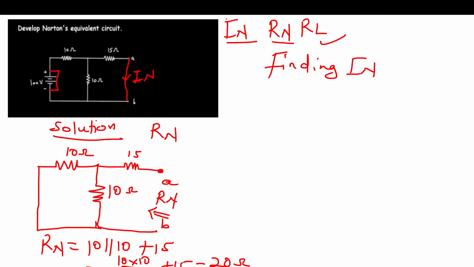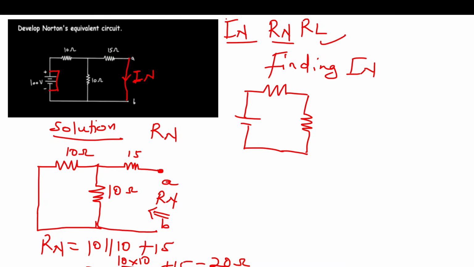In this case, they didn't put any load resistor there, but they've given us open terminals to be used. So I'm going to put my IN there, and then I'm going to solve for IN. Okay, so let's draw the circuit again. This is how it's going to look like. Now in finding IN, we don't short circuit anything, so I'm going to bring back my 100V voltage source.